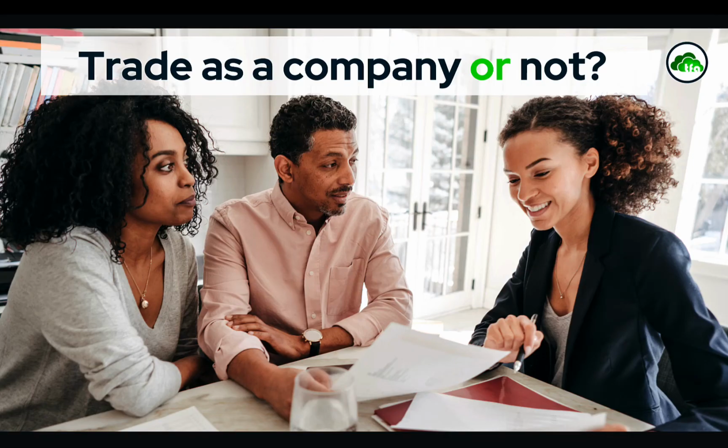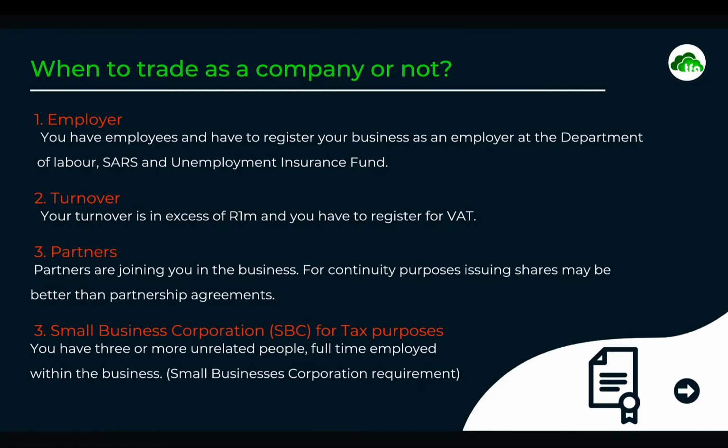We are now going to look at general guidance and a few points that may assist you as to when to consider trading as a company instead of as a sole proprietor, because there are instances when it is beneficial to do business as a company. You become an employer and you have employees, and therefore have to register your business as an employer at the Department of Labour, SARS, and Unemployment Insurance Fund.